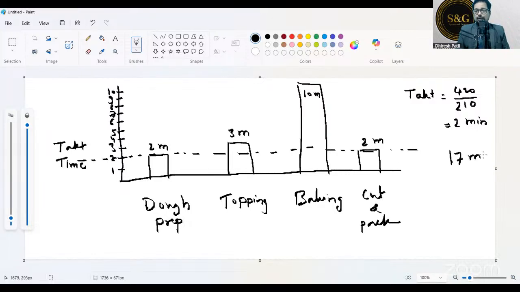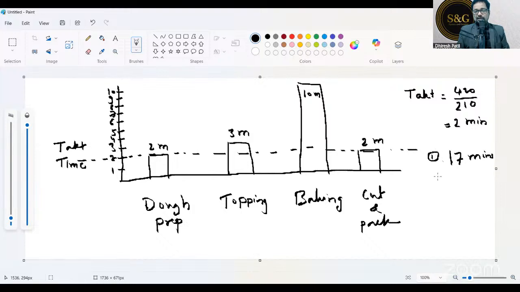Very simple calculation. Instantly, the second customer also comes. And the third customer also comes immediately, back to back. Now, how much time will it take for me to deliver the second order, third order, fourth order?